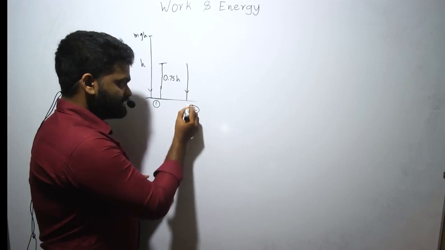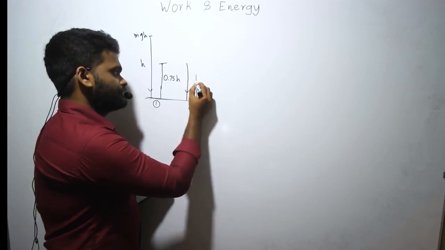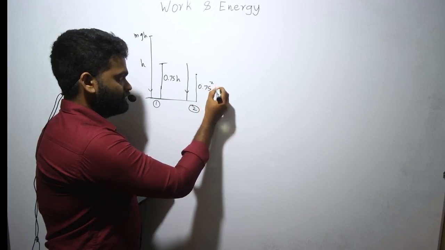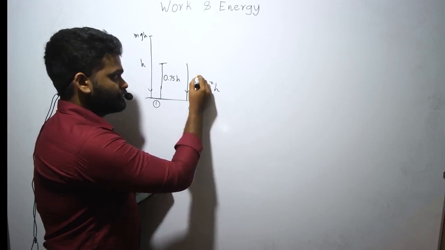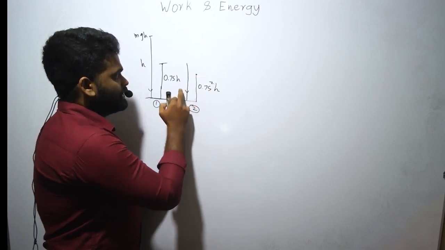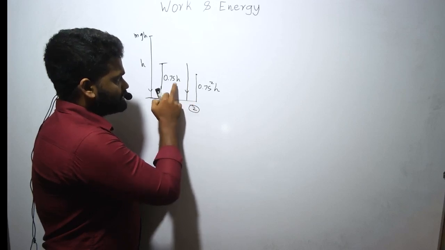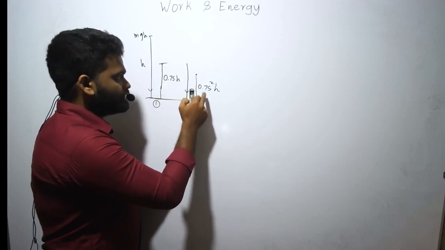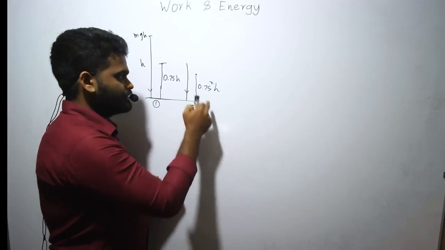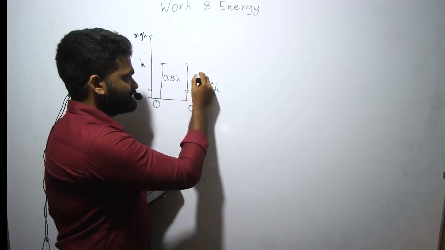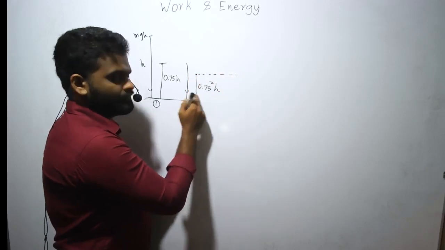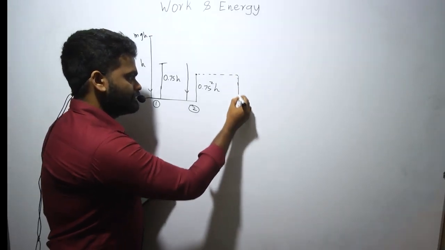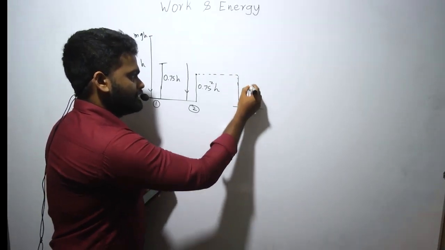So it hits the ground and goes 0.75 square h. Square means now the remaining energy is 0.75 times 0.75. From that you can find the maximum height it reaches. Right? So at the third hit, it goes up.